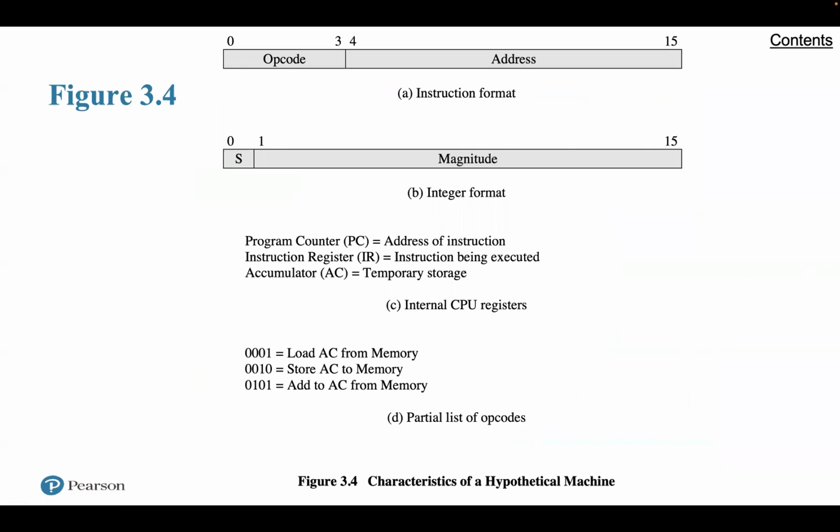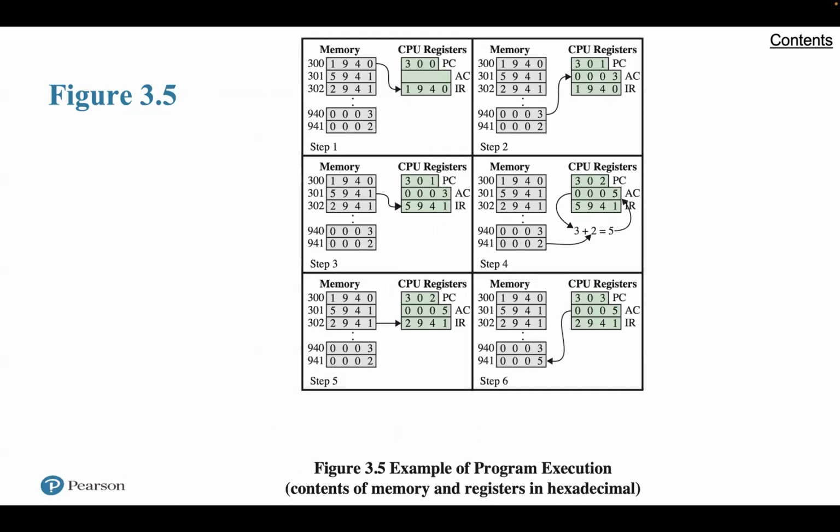The instruction format has 4 bits for the opcode, so there can be as many as 2 to the 4th, or 16, different opcodes, and up to 2 to the 12th, 4096, that's 4 kilobytes worth of memory, can be directly addressed. So now we're getting a chance to see what a 16-bit word is capable of doing.